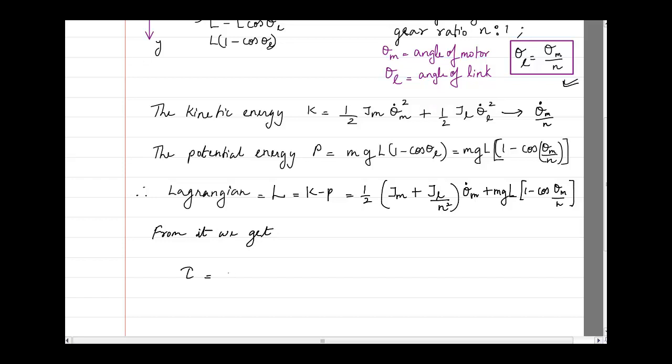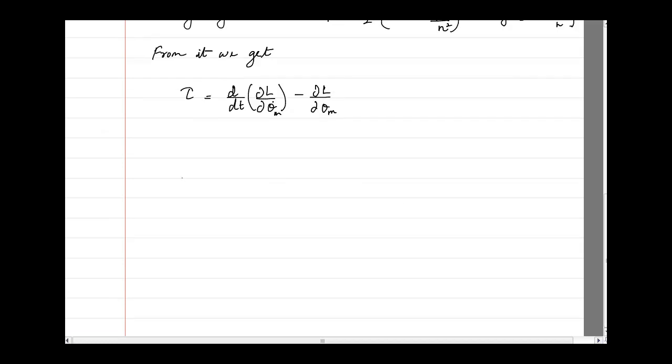The torque, if you all remember, was d by dt of dou L by dou theta m dot minus dou by dou theta m of L. So one by one we have to calculate what is dou L by dou theta m dot.